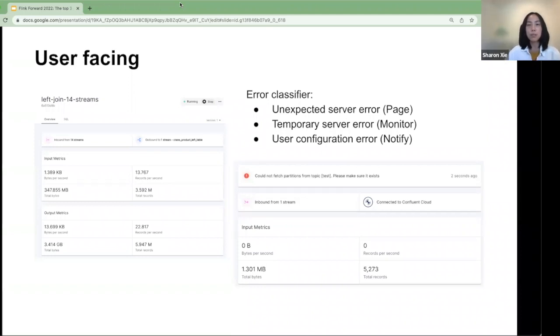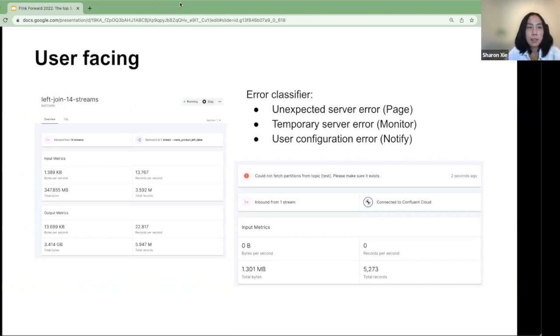A good example of this one is our job restarts with error when Amazon is doing a rolling restart of our Kafka clusters. For those kinds of errors, we just monitor it and only deal with it if it cannot repair itself.